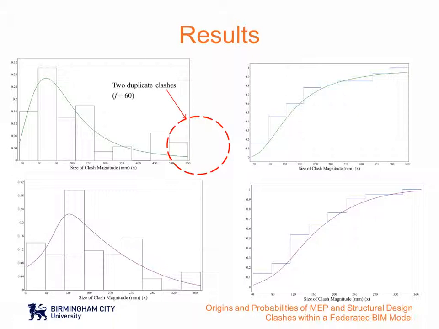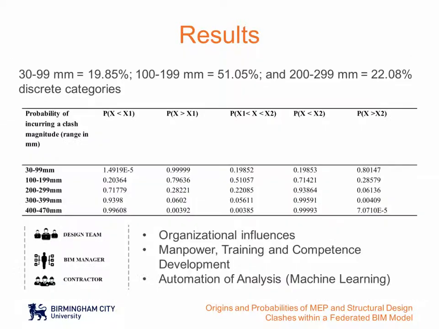Because the presence of outliers was suspected, an established outlier detection test was used to confirm and remove them prior to conducting further analysis for a second time. The two pools of design clash data, with and without outliers, were then modeled using empirical probability density function and cumulative distribution function for a continuous distribution.